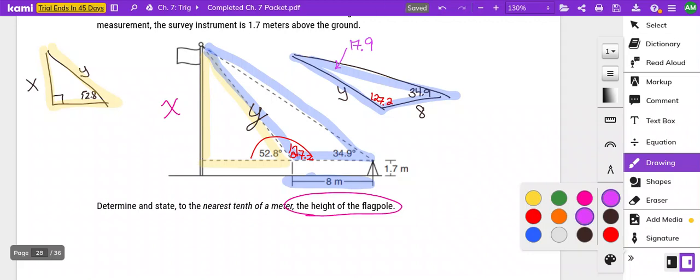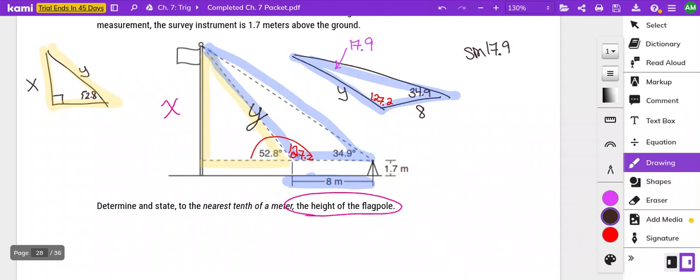Now that I've gotten all of those angles, I'm going to set up my law of sines. We're going to do the sine of that small angle, 17.9, over 8, is equal to the sine. Now we have to think, which angle do we need? We need to use this 34.9 because we're trying to find y.